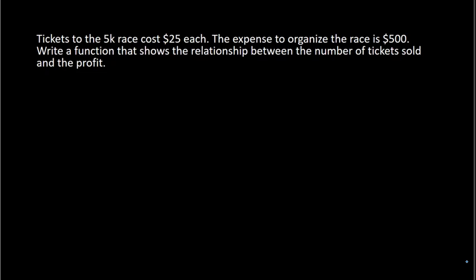So we know that profit would be what you make minus your costs, right? So what we make is based off the number of tickets. So we sell $25 for each ticket.